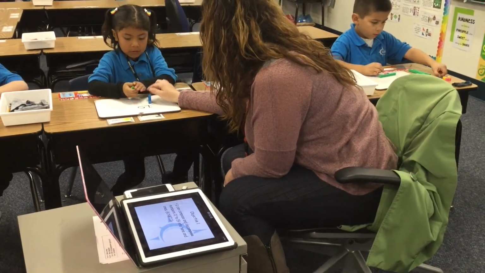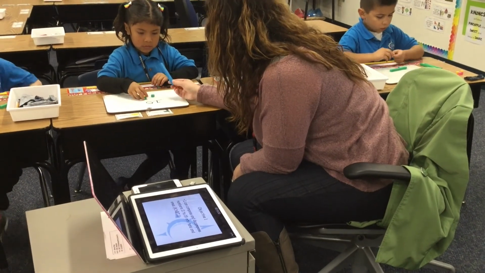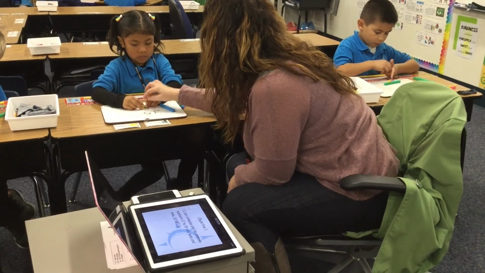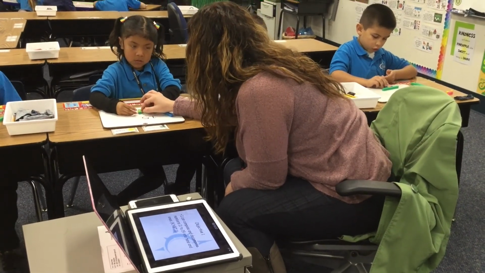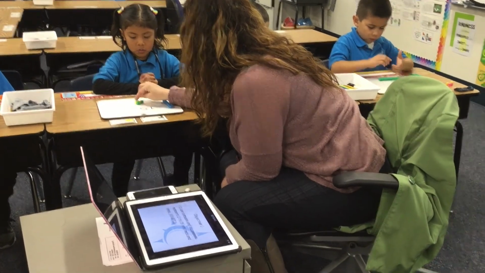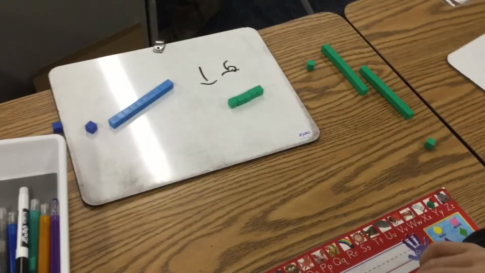Those are the tens. Remember, this one is the 10. Okay, Paula? So look at this one. These are the 10s. These are the 1s. So 10s. Let's say it together. 10s and 1s. Okay? All right.